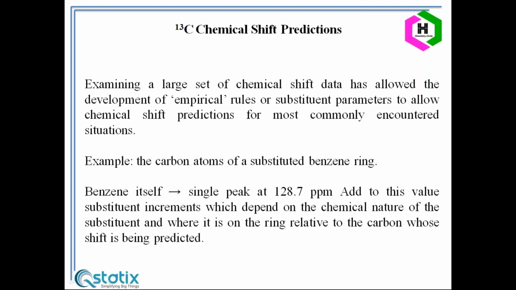There are some methods for calculating this. Starting with the single base value, you can add the increments of the substituents based on their chemical nature, and finally you can predict the chemical shift of that particular carbon in the C13 spectrum.